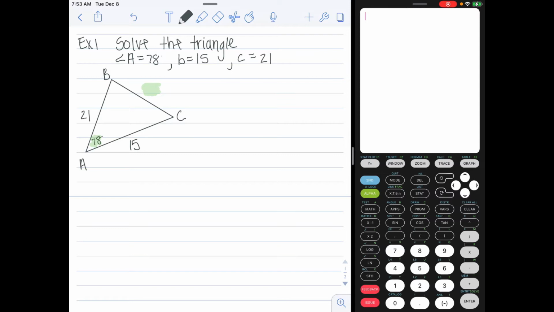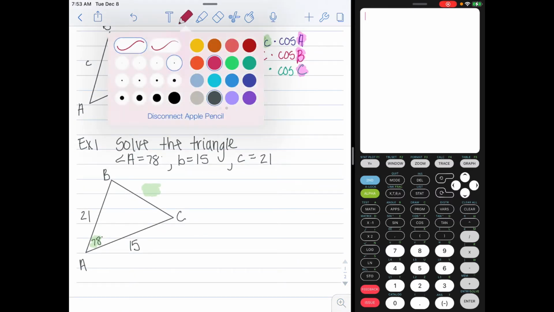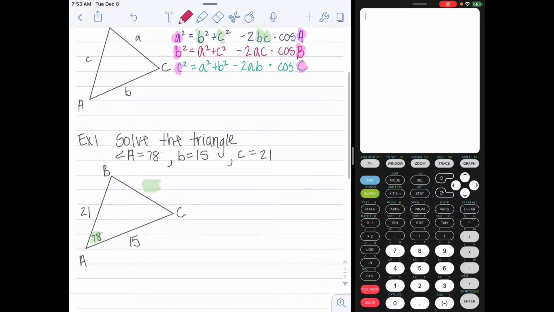So looking from above as a reference right now, I'm going to do the setup, the first one in blue. So let's start. We want to know A squared is equal to side B, 15 squared, plus side C, 21 squared, minus 2 times 15 times 21, and then cosine of the angle, which was 78.